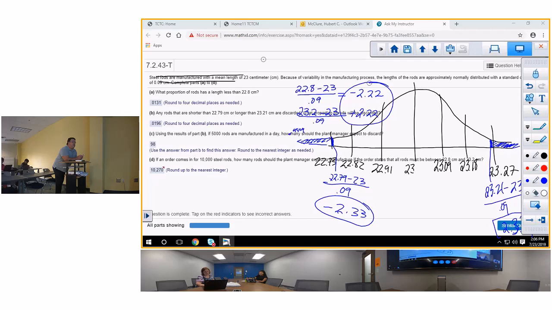Oh, wait a minute. I'm reading the question differently. If an order comes in for 10,000, how many rods should the manager expect to manufacture if the order states that all the rods must be between 22.8 and 23.2?